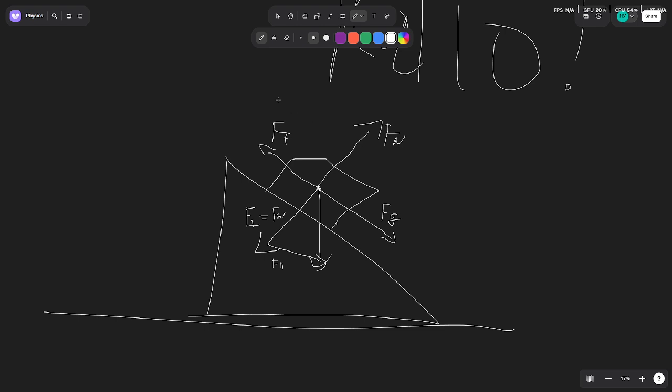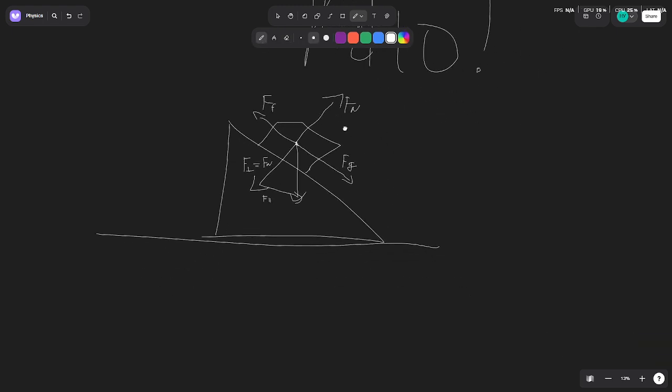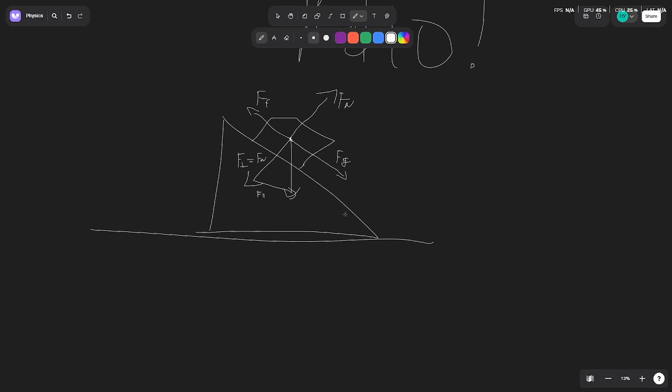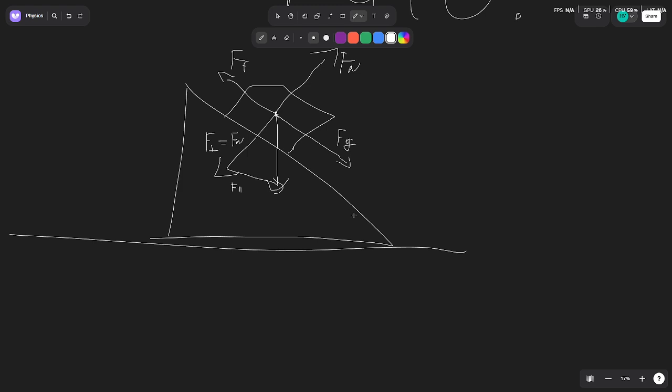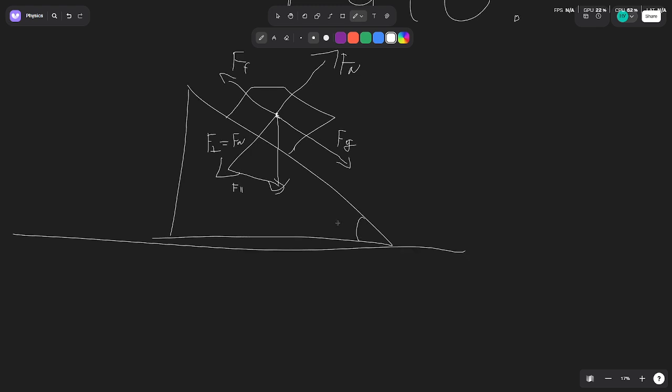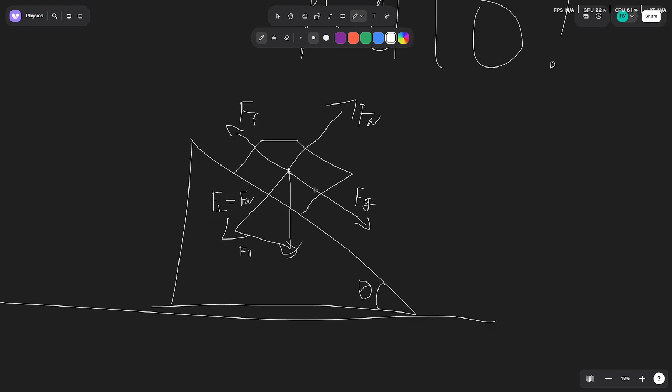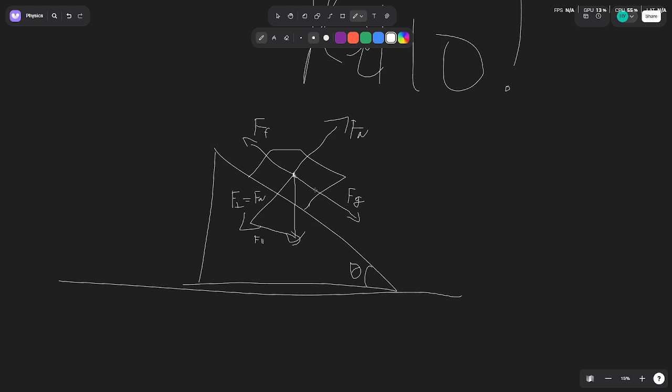And now we got this weird figure. We can find some formulas for it, which we will use in future problems. And one important addition: here is the angle we will work with. This is the most important angle in all inclined plane problems.